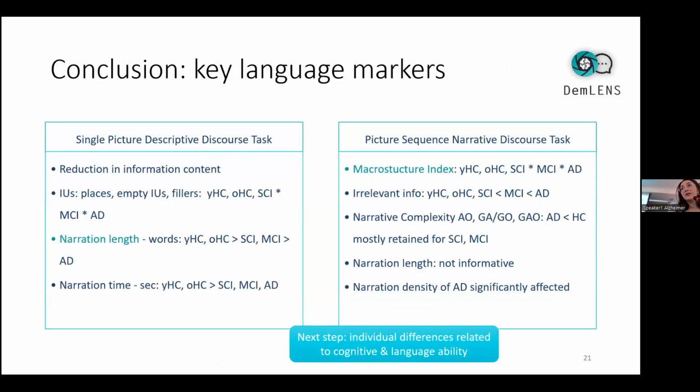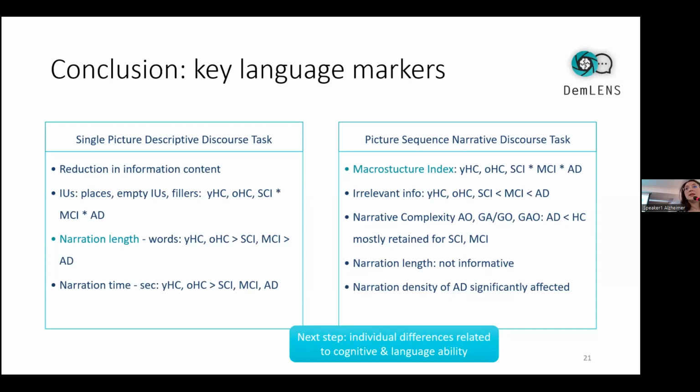To conclude and summarize the basic language markers that we can look for when analyzing language production data: if you're using a single picture descriptive discourse task, then information content will drop, and information units such as places or empty ones or fillers will help you discriminate between the three clinical groups.